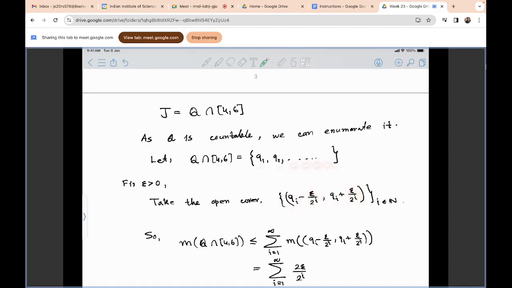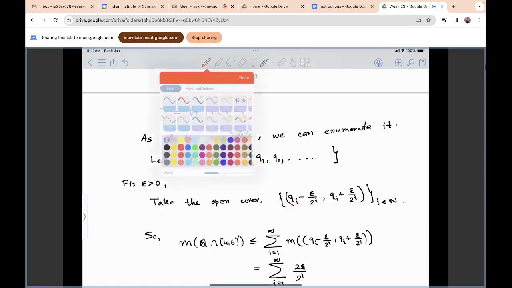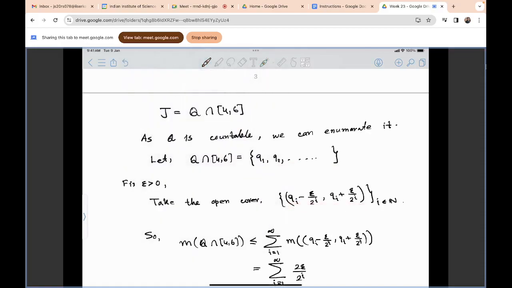At each point we have taken this kind of open set, so this will certainly cover Q intersection (4, 6).